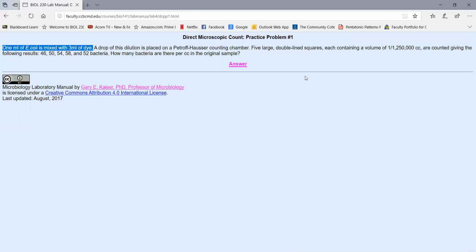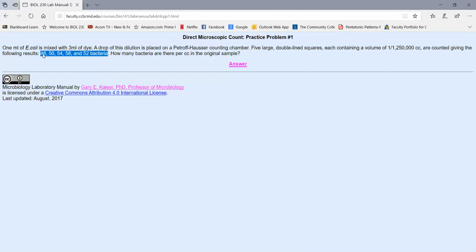So again, since we won't have time to actually count during a lab quiz, I'll give you the counts that were obtained. And of course, remember the square always holds the same thing. The way the square is made, it holds 1/1,250,000th of a cubic centimeter. So let's say we mixed 1 mil of E. coli, we put that in the counter, and we count 5 squares, and we get these numbers.